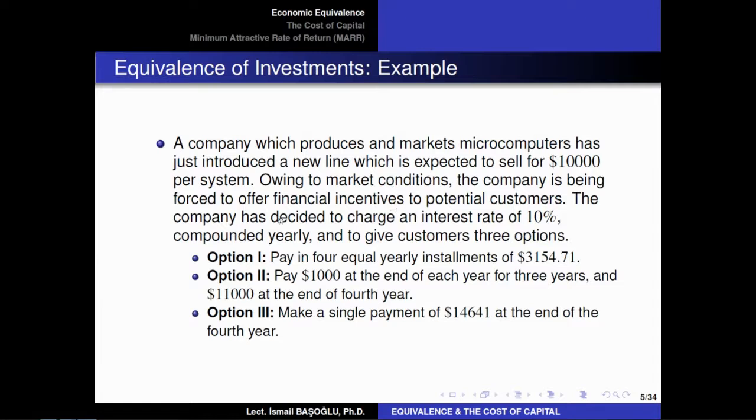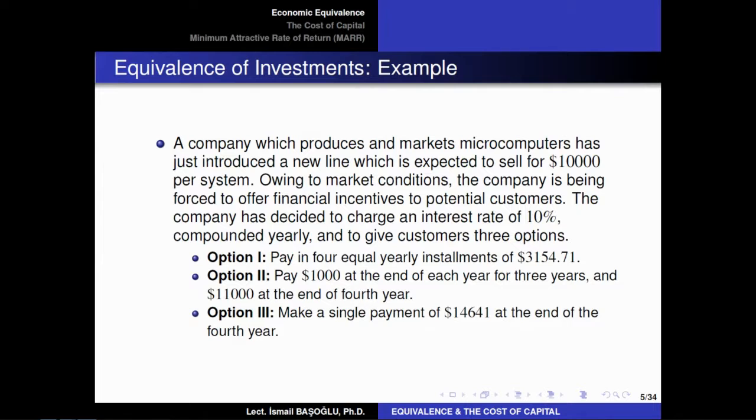Okay. So the company has decided to charge an interest rate of 10% compounded yearly and to give customers three options. So with the 10% interest, if, for example, a customer purchases this product and does not pay, then basically the customer will be assumed to borrow a loan of $10,000 from this company, because they have purchased the product but they haven't paid the price.